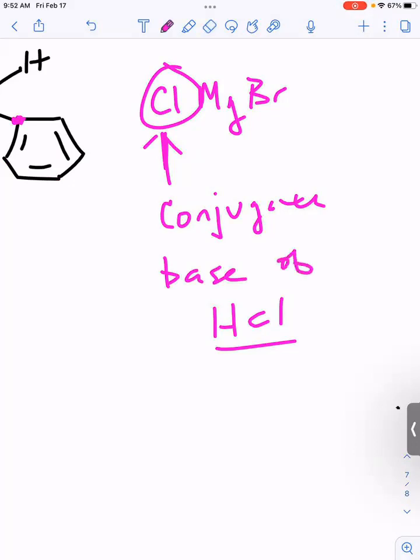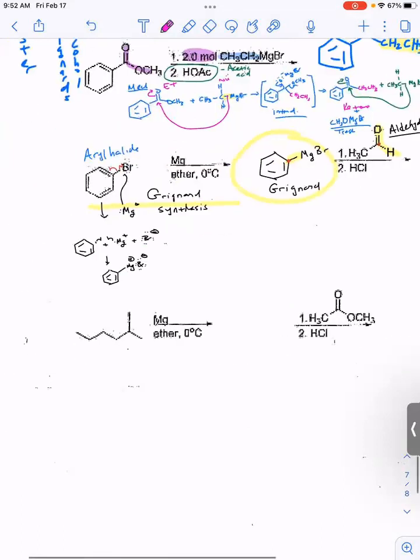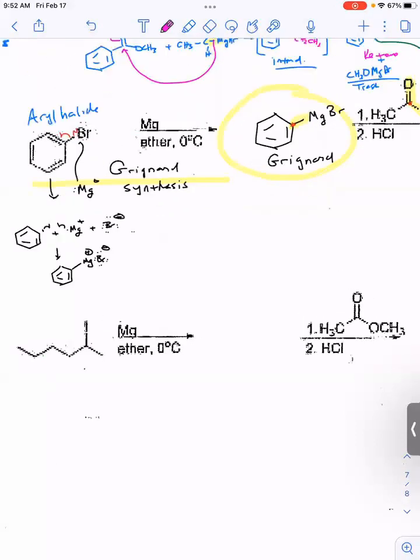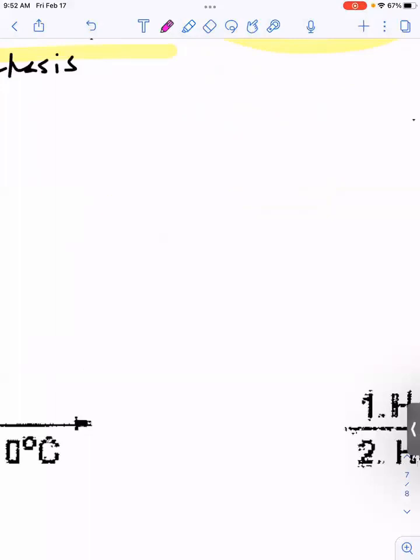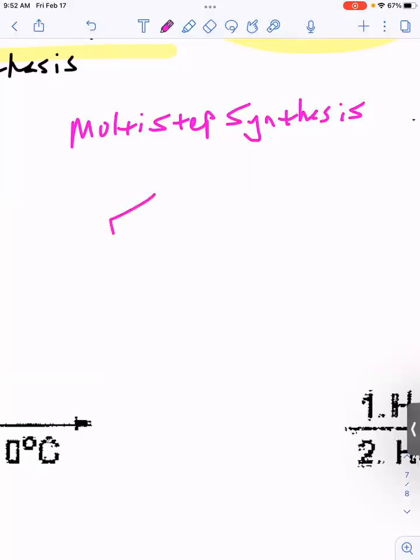So this is a multi-step synthesis. I could also write this a different way and combine all the steps. I can start like this.